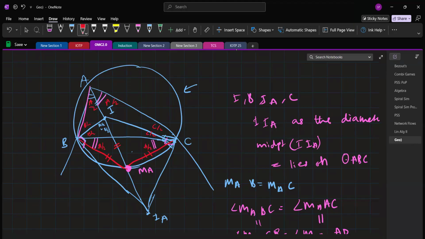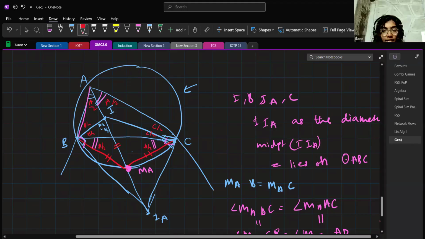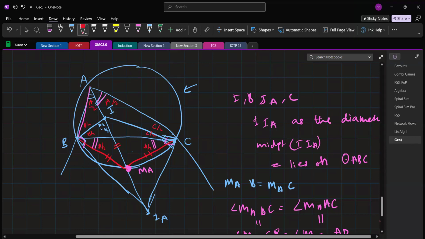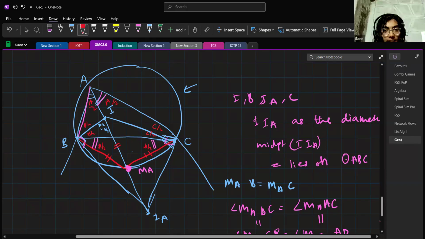Are you okay with the fact that MAB is equal to MAC is equal to MAI? Yeah, I'm okay with it. And so that tells us that MA is the center of circle BIC, right?